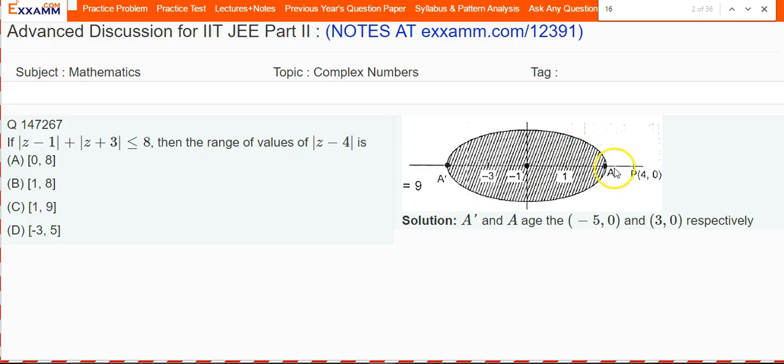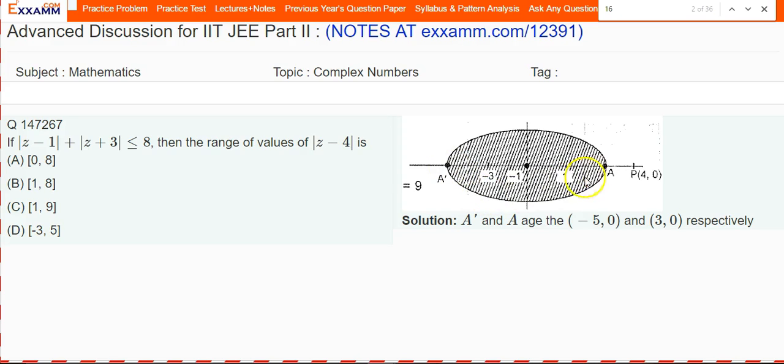Now how have I said that A and A dash would be the points representing the minimum and maximum distance of P? Because if you draw a line like this, rather than a line joining P to the center, then this line intersects the ellipse here, so this distance is greater than the minimum, and this distance is less than the maximum.